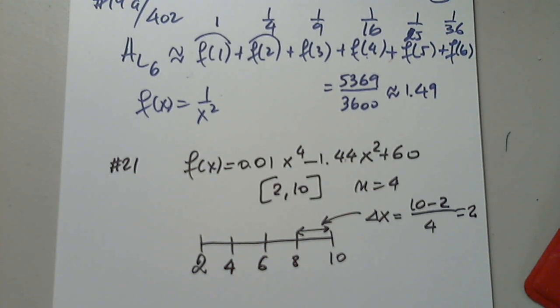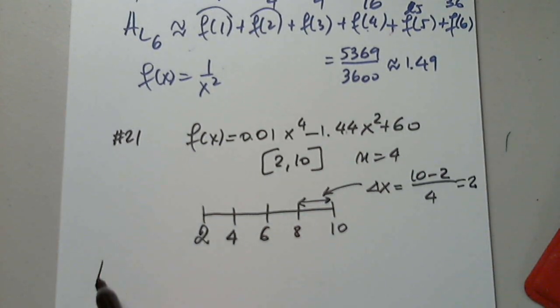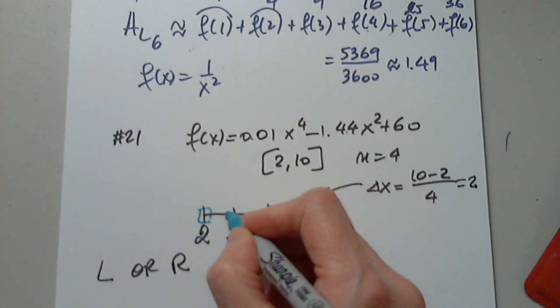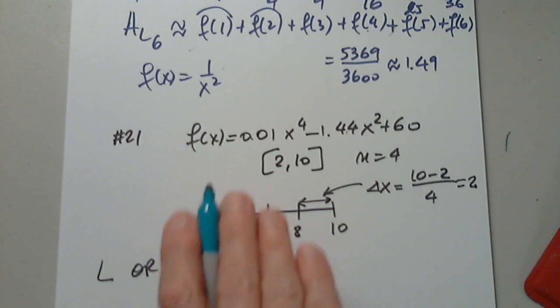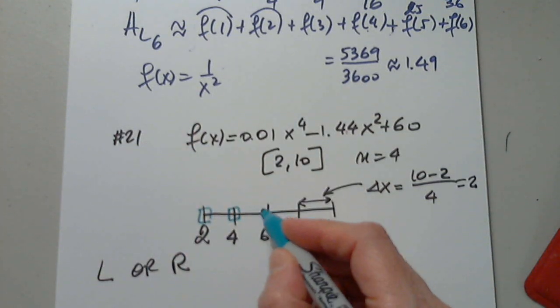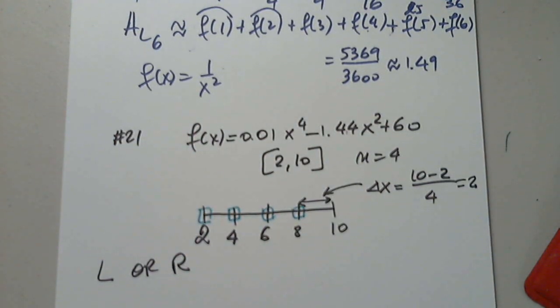Now, let's choose if they don't tell us. Approximate the area under the graph over the interval. It doesn't say. It means that we are allowed to choose. Do we want to choose the leftmost point or the rightmost point? So here's the difference. If I use the leftmost point, then I will have to use the height of the function at 2, 4, 6, and 8.